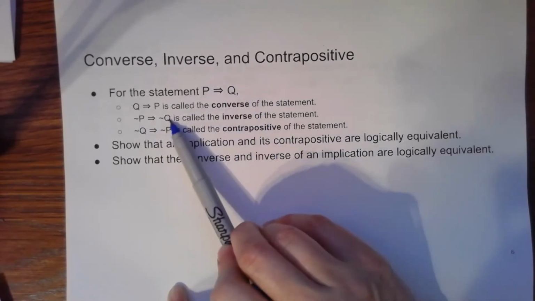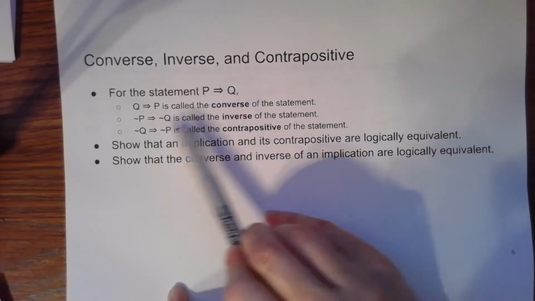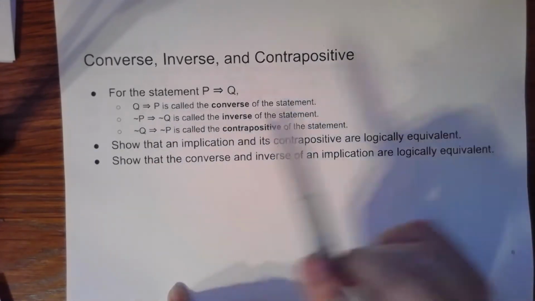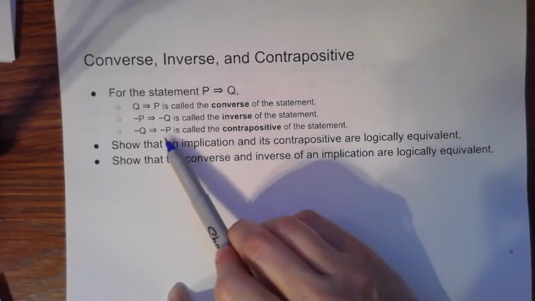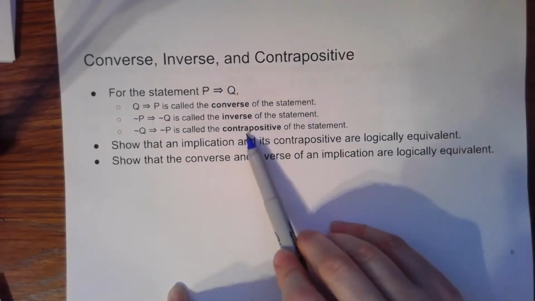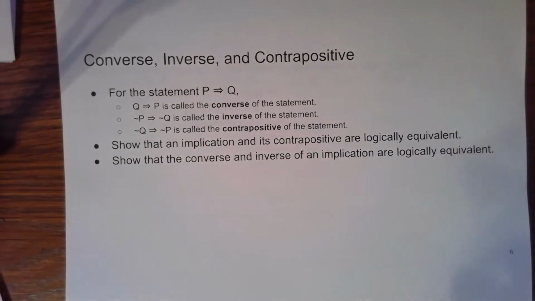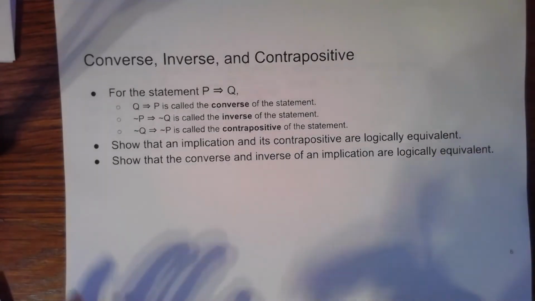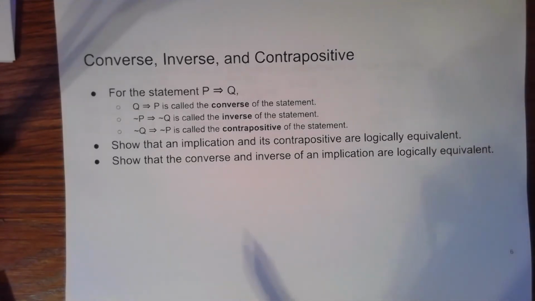From the original statement, if we negate the hypothesis and negate the conclusion, but keep them in the same order, that one's called the inverse. And if we swap and negate, so we swap the order and we negate them, that is called the contrapositive. So we have special names for rearranging those statements and putting negations with them.